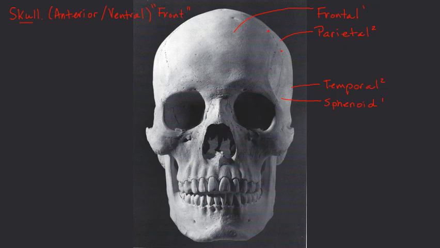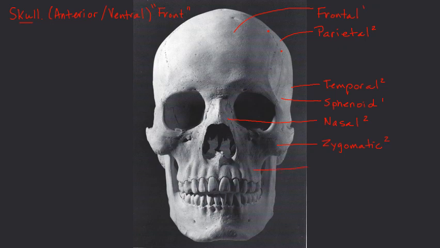Moving a little bit more inferior from our sphenoid, so down, we have our nasal bones. We have two of those. We have our zygomatic bone. We have two of those.